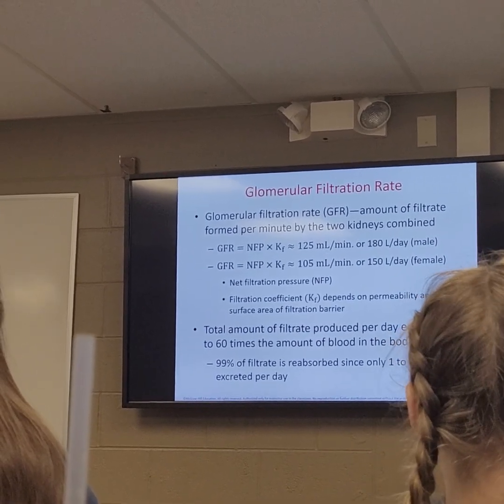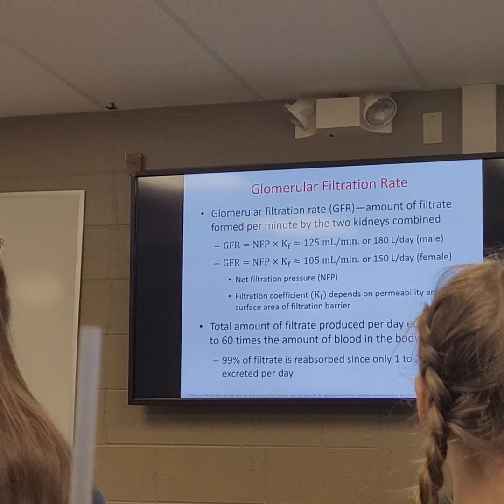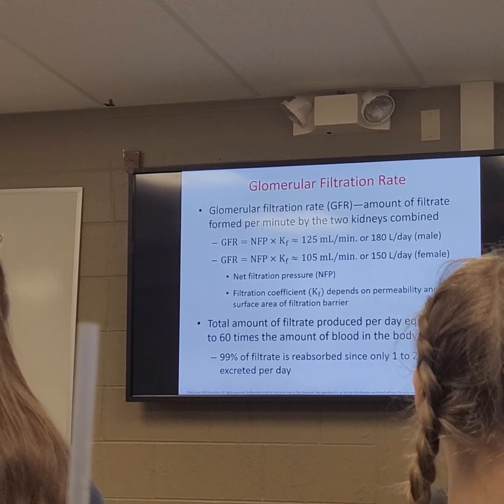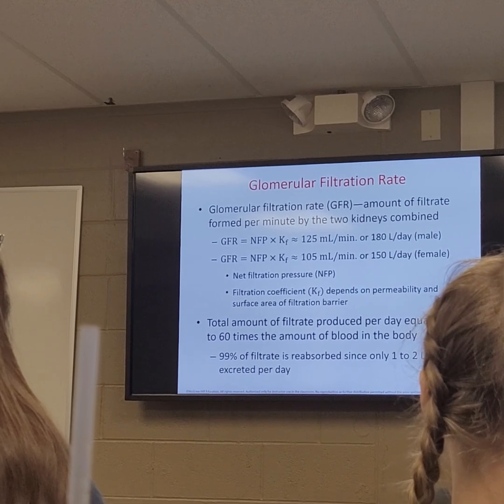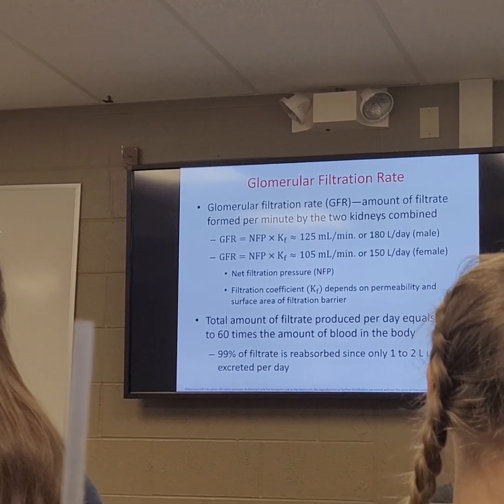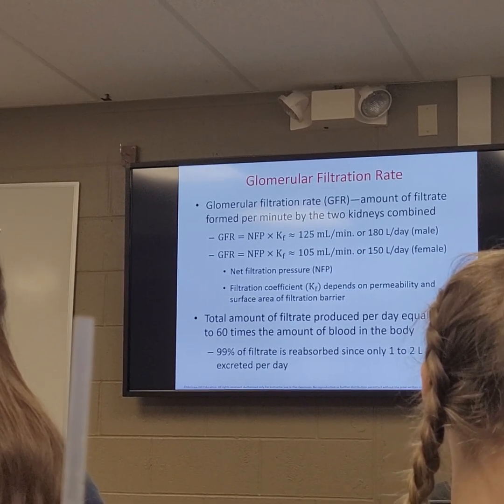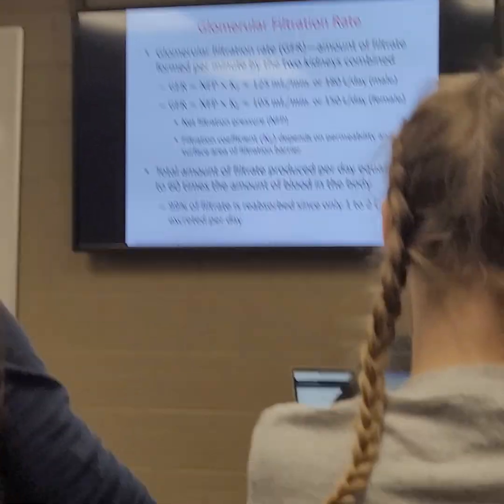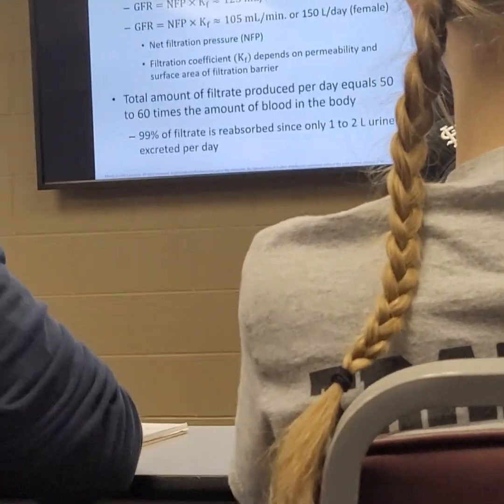So that is kind of our average. And so we can think about circumstances that might affect that filtration process. And a lot of this can be summarized as either a variable that affects the K of F or a variable that affects the NFP, because it's the only two things that go into the calculation.